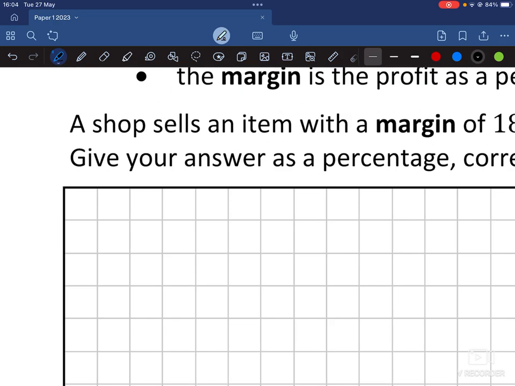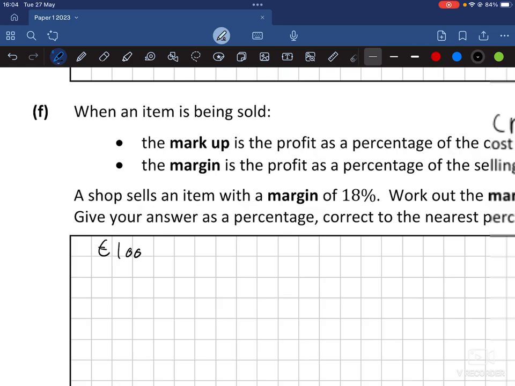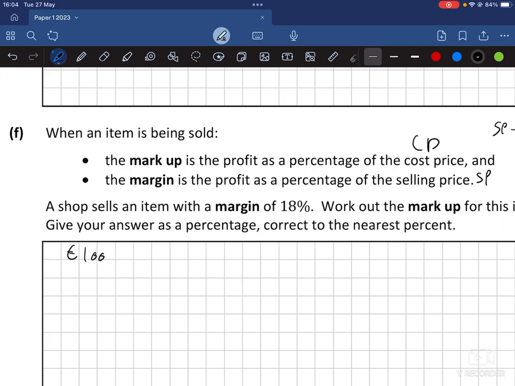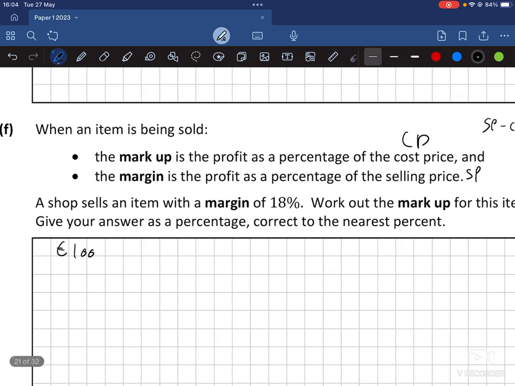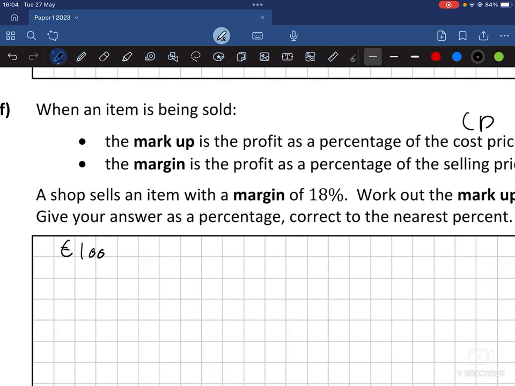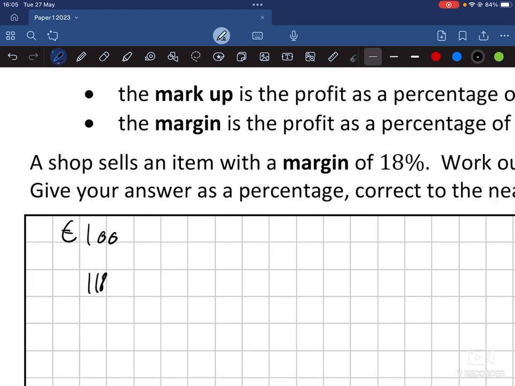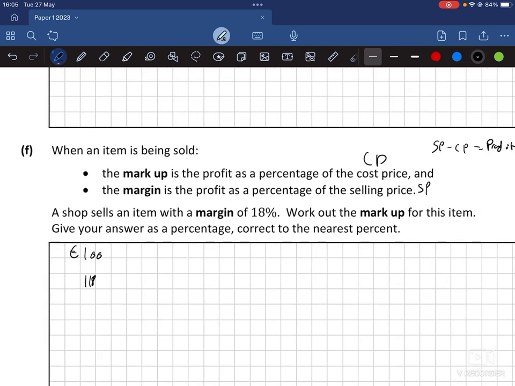So let's just imagine a shop buys something for €100, and we know that their margin is 18%. So the margin, what we're told, that's the profit as a percentage of the selling price. So if they buy it for 100 and they have a margin of 18%, that must mean that they sold it for 118.